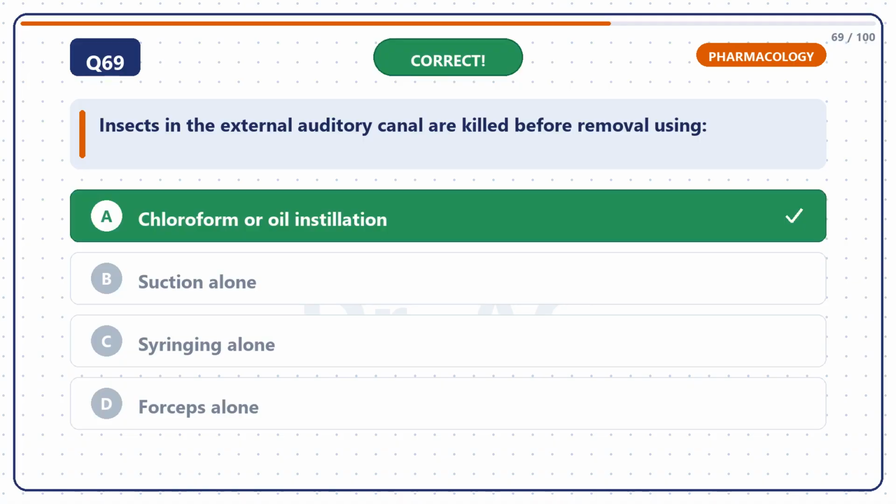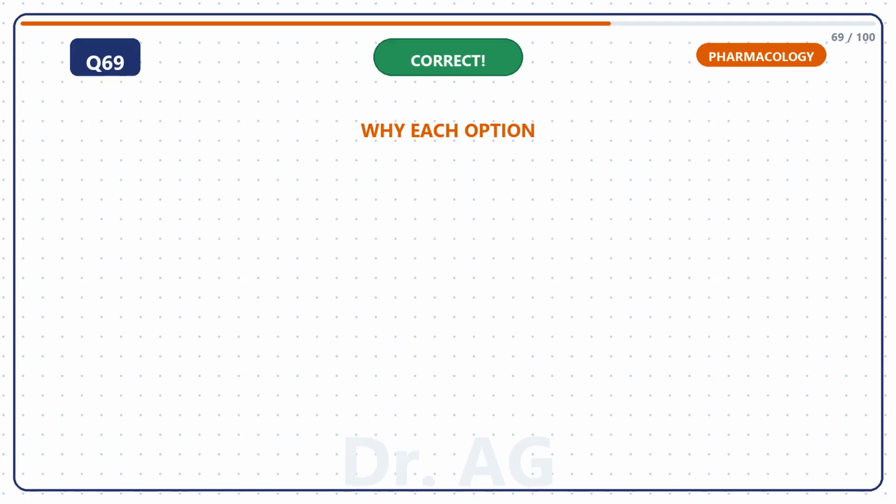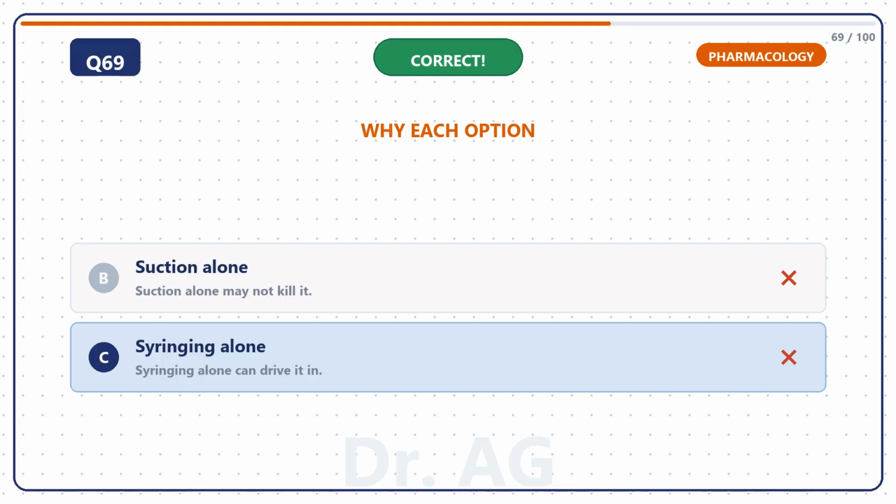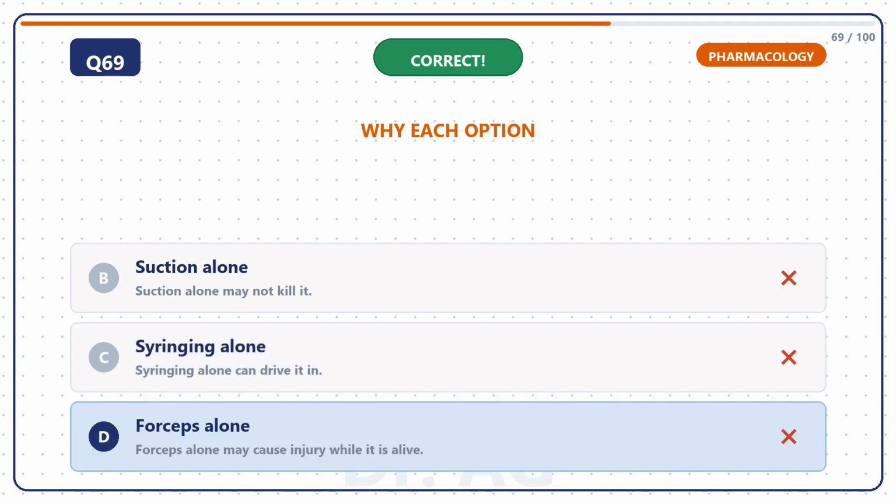The correct answer is option A. Chloroform or oil instillation. Let's go through the options. Suction alone. Suction alone may not kill it. Syringing alone. Syringing alone can drive it in. Forceps alone.